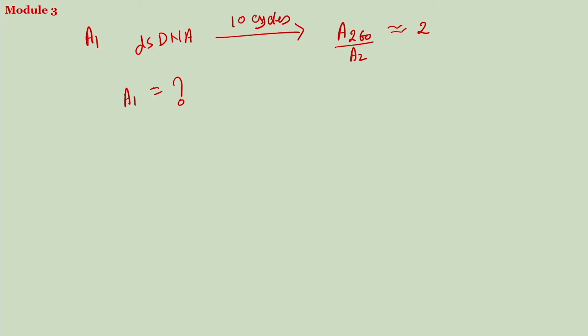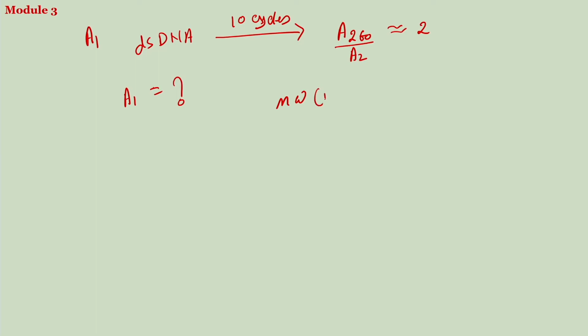That was the problem, and I had given a few data also: the molecular weight or the molar mass of the given DNA was around, let us say, 20 kilo Dalton, and the calculated epsilon value at 260 nanometer, the molar extinction coefficient, was approximately 4 into 10 to the power 5 liter mole inverse centimeter inverse. So, what is A1 actually?